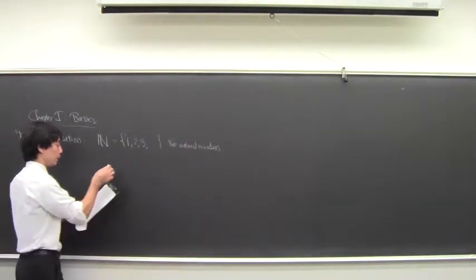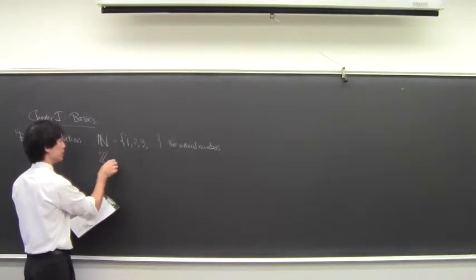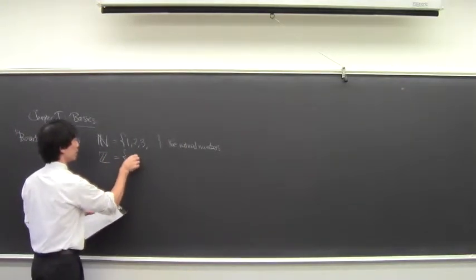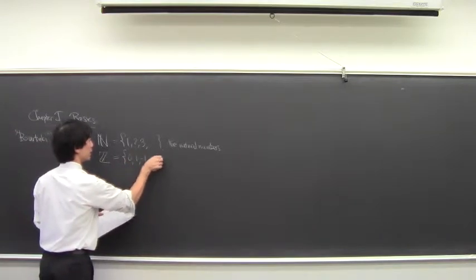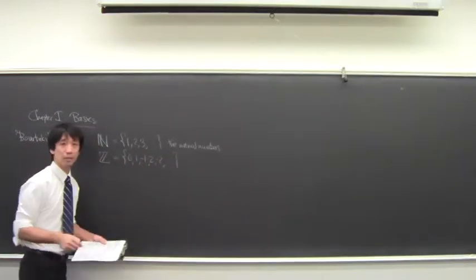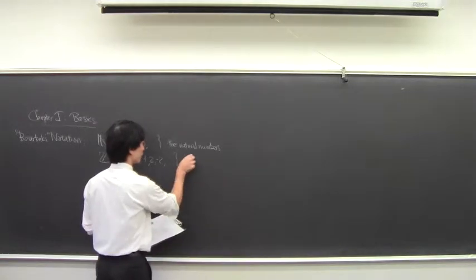When we write a Z, we mean the numbers 0, 1, -1, 2, -2, etc. Right, the integers.